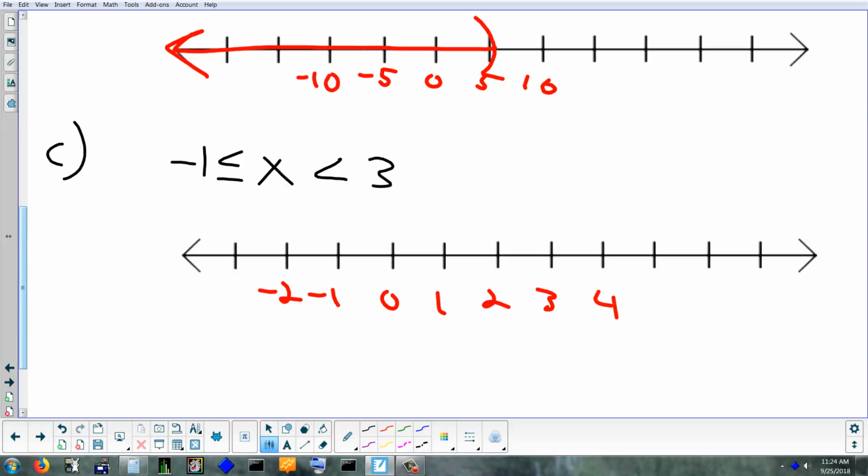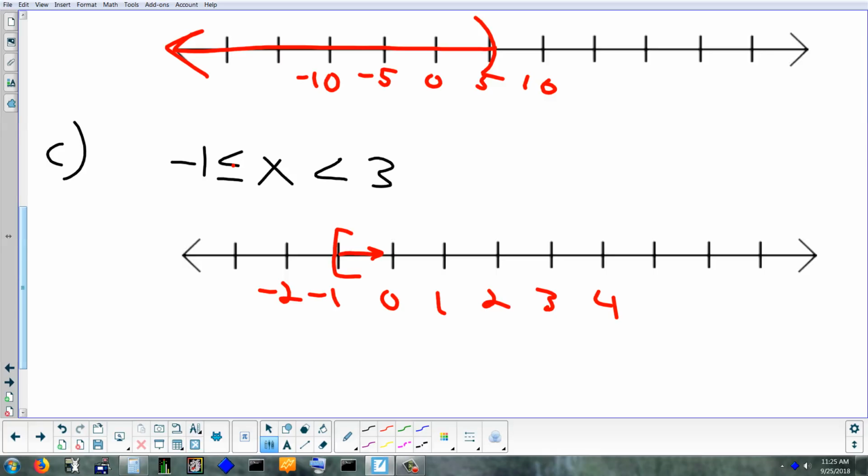Bracket, we're opening which way? To the right. Yep, it's going to open to the right because you're shading all values that are greater than -1, greater than or equal. So greater than or equal goes to the right. So we know we're going to end up shading that way, but let's not shade it yet because there's an upper limit on how far we can shade.